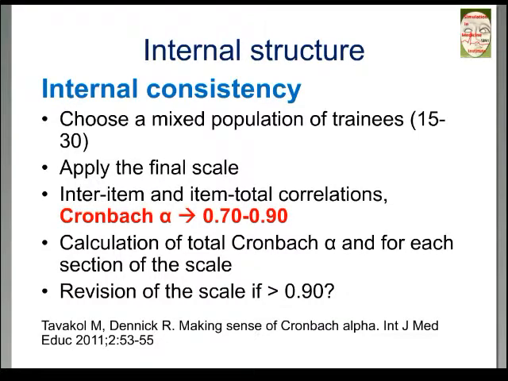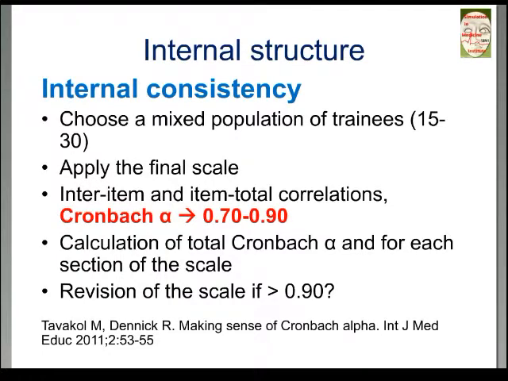It can be evaluated by calculation of the value of the Cronbach alpha coefficient. It is commonly accepted that this value should be between 0.7 and 0.9. Below 0.7 means that the chosen items are not sufficiently linked to each other. Above 0.9 means that some of the items are redundant.